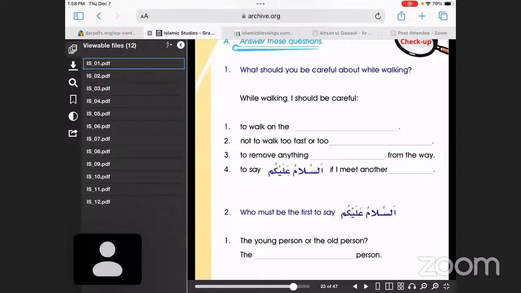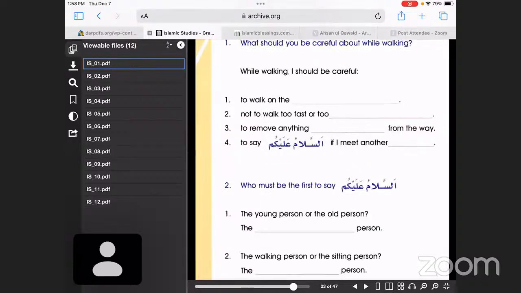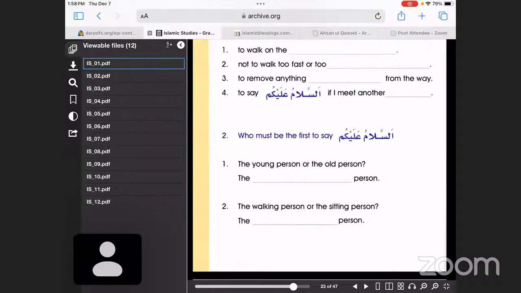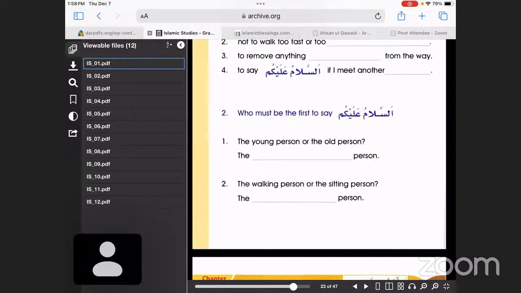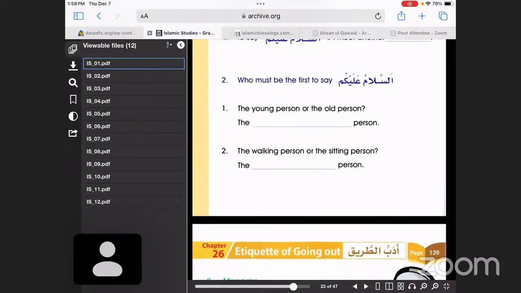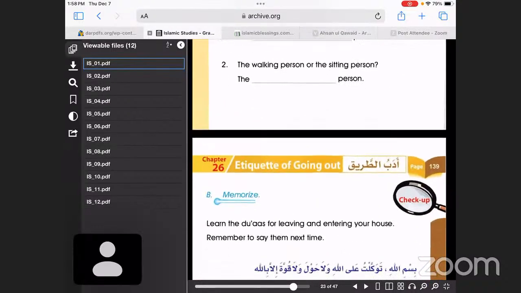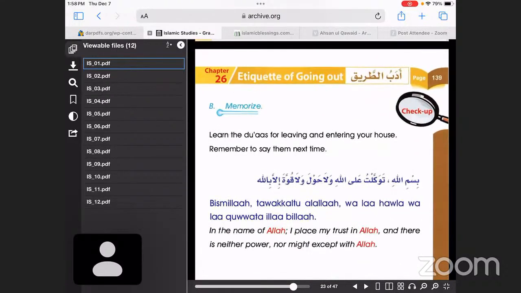Not to walk too fast or too slowly, to remove anything harmful, and to say Assalamu alaikum if I meet another Muslim. Who must be the first to say Assalamu alaikum? The young person, the walking person, or the sitting person.